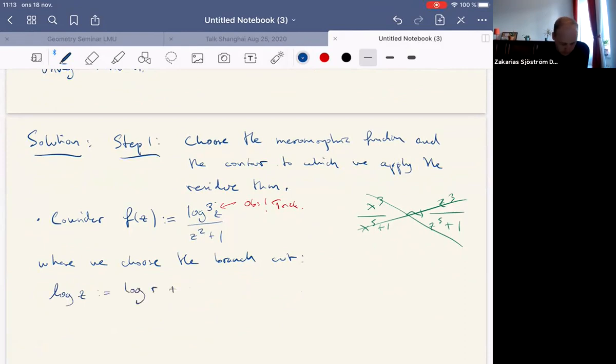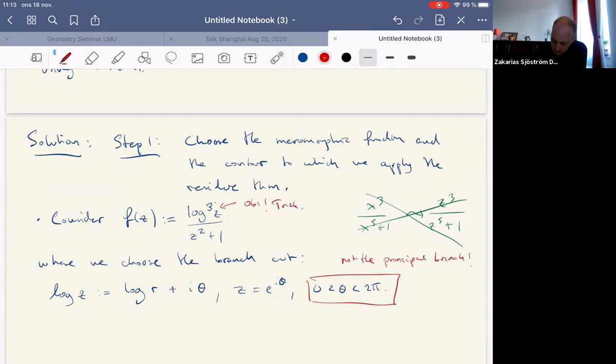It's defined, so you remember that you always have to define the branch cut, or at least write if you're using the principal branch. So it's equal to the following, where theta is between 0 and 2 pi. So this is the second thing to observe, that this is not the usual principal branch.